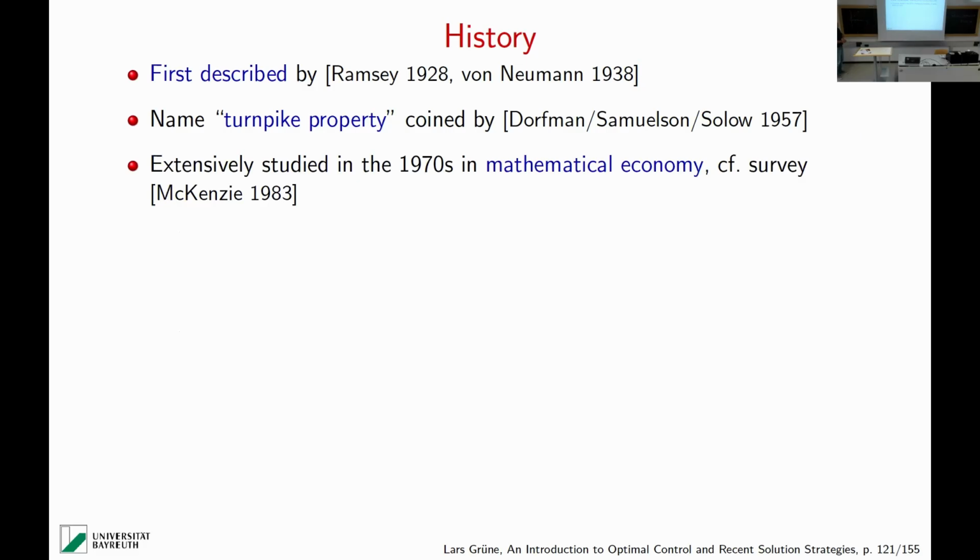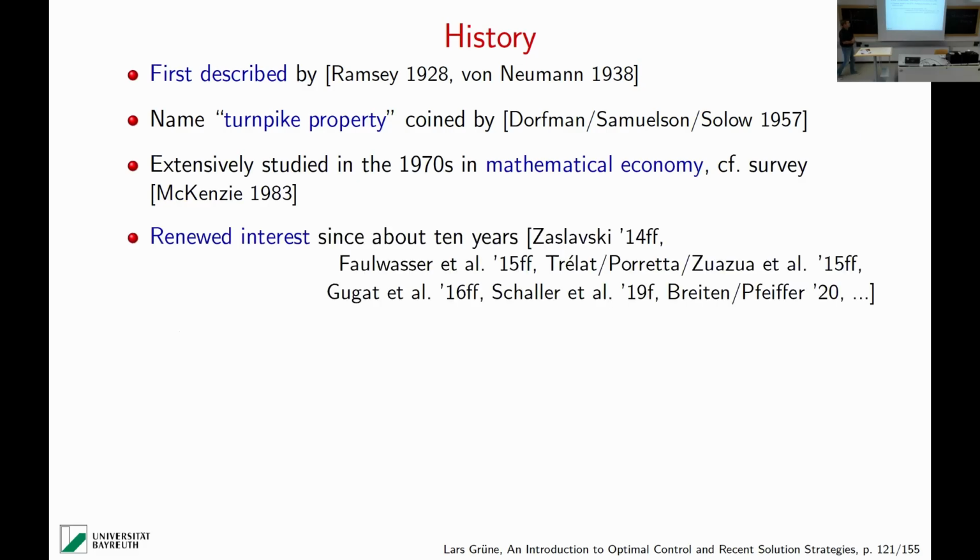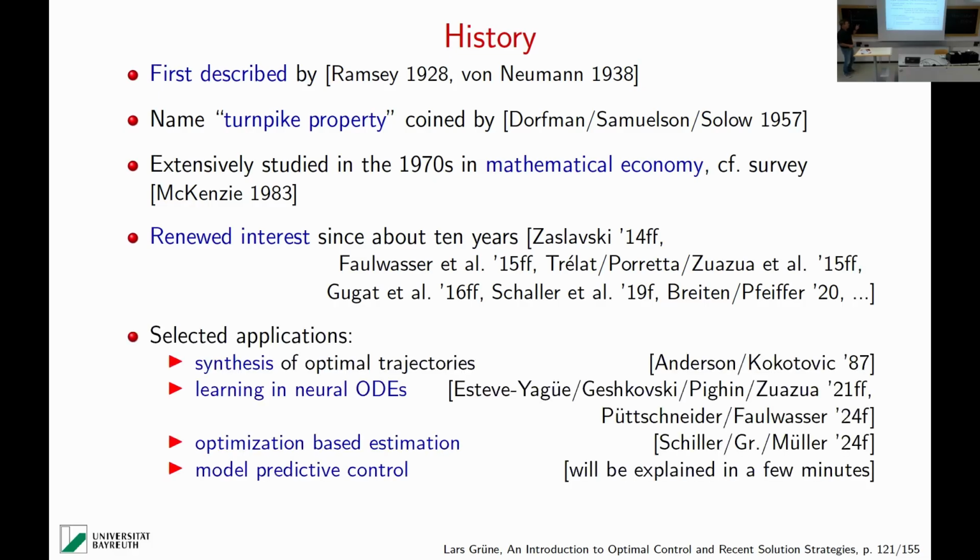It was studied a lot in the 1970s. It has received renewed interest for about 10 years, so around 2015 it more or less started. It really took off. And there were different communities interested in that, PDE optimization communities, because you have the same if you want to control PDEs optimally. There's model-predictive control, and I will tell you about that.